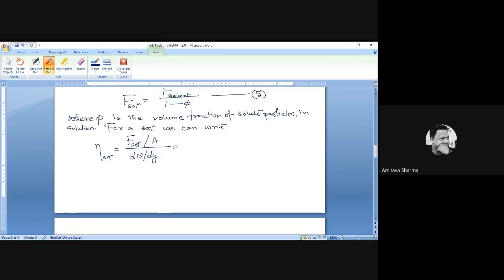The solution, that A by del V del Y, I can write using the relation pi.